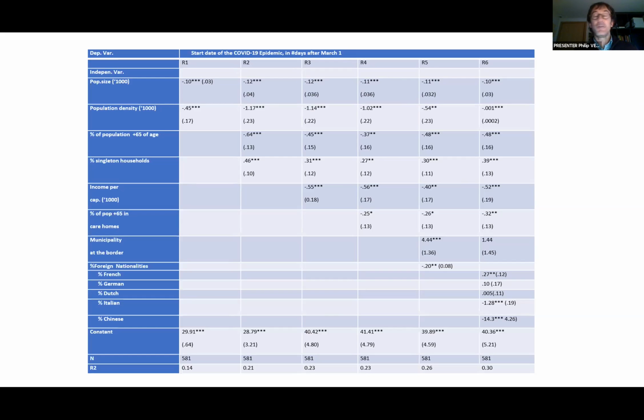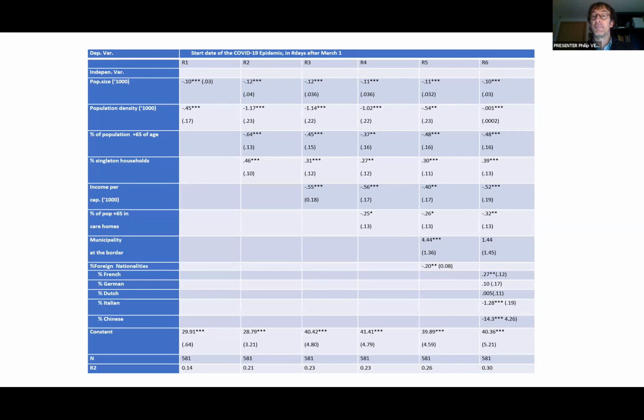Income per capita: you can see that richer households, richer communities, richer municipalities were struck earlier by the virus in March, and this is also related to business travel and travel for ski holidays, which is usually done by richer people. Also, a higher percentage of people above 65 who stay in care homes allows for an earlier spread.